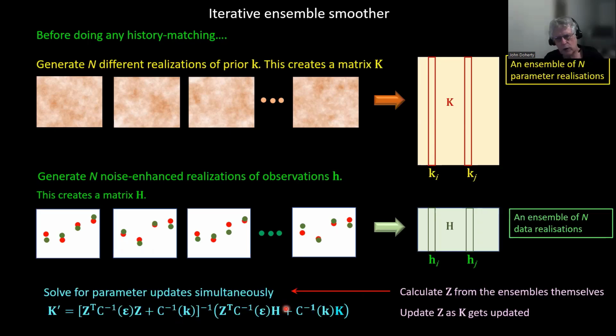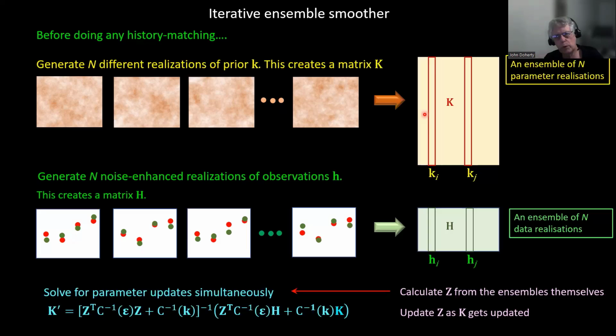The second quantum leap in efficiency comes from the fact that calculation of this Z matrix, I'm not going to devote any model runs to that. I'm not going to use finite differences or adjoints or anything like that. I'm going to calculate an approximation to Z from the parameters themselves as they are morphed from the prior to the posterior.